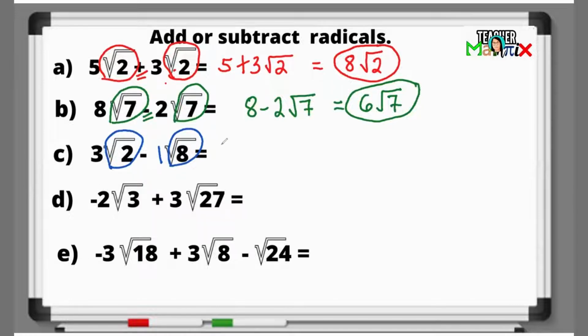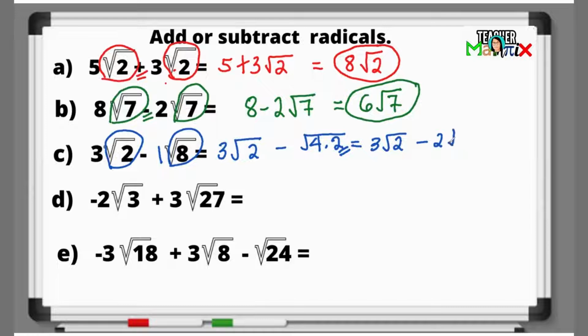Okay, just simply copy 3 square root of 2 minus, factors of 8 wherein one of the factors has a square root. And that is 4 times 2, right? 4 times 2, it's 8. Now, copy this 3 square root of 2 minus. So the square root of 4 is 2, meaning you have to put 2 outside and then copy the remaining number inside the radical sign.